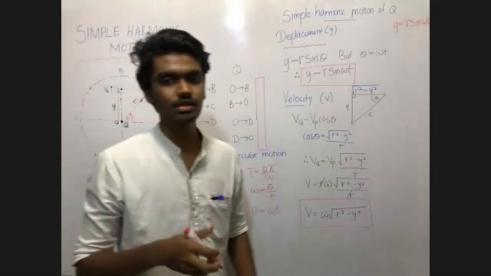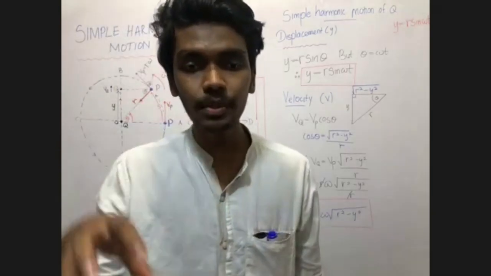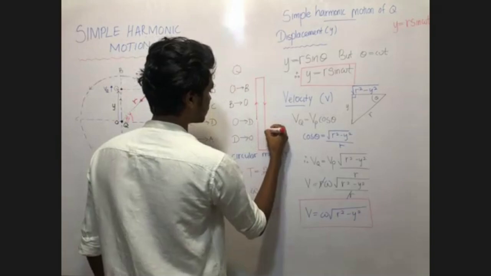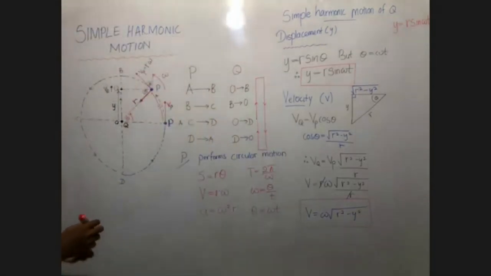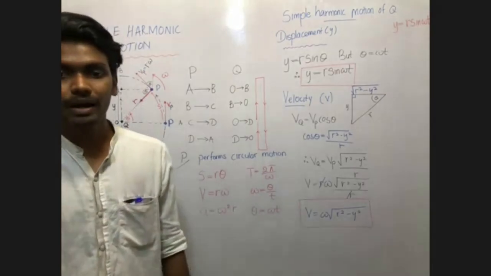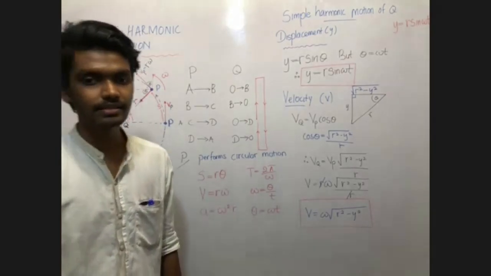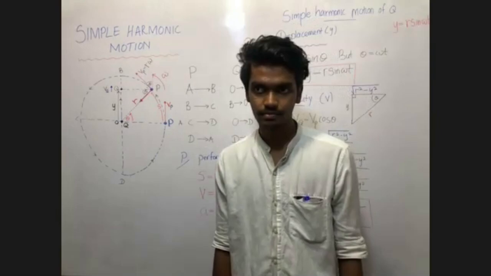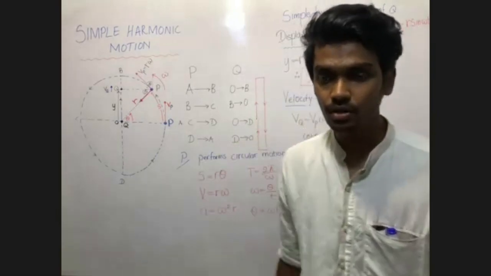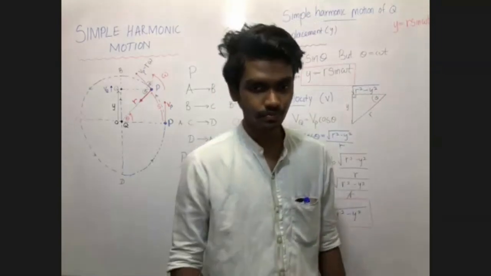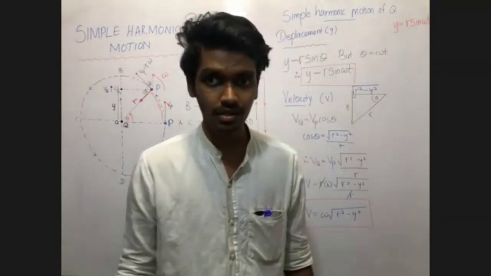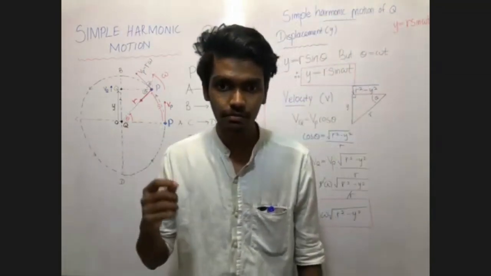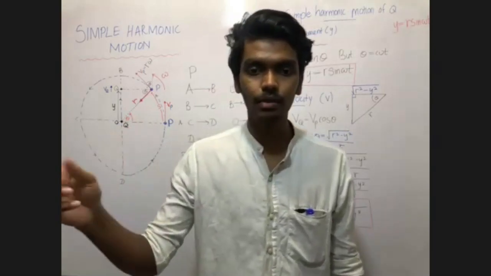When capital P performs a circular motion, the projection of P on the y-axis, which is Q, will perform a simple harmonic motion.